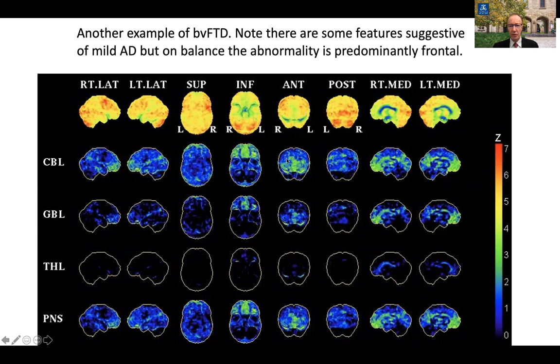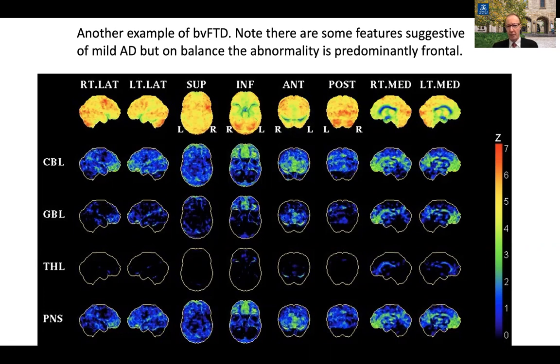Here's the anterior view showing the anterior part of the frontal lobes. Medial view, so inferior and anterior, going back along the anterior cingulate, but there is some posterior stuff as well, and also some medial occipital involvement. So this has got some mixed features. If we take that simple rule and we put our pivot here in the middle of the brain, then this is going to fall forward.